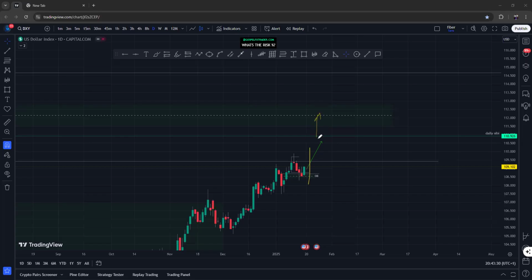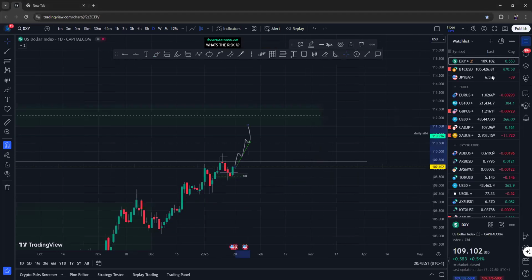Then we can be talking of a CRT forming around those areas for a short-term pullback before continuation to the upside. That's just what might actually happen. But for now, we are bullish on DXY, into the fair value gap and the other block. So that's it for the dollar index.